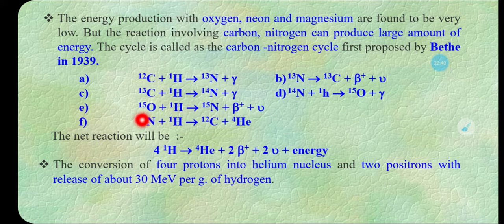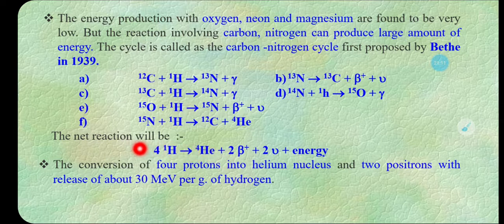In this cycle, this oxygen 15 decays to give nitrogen 15 plus positron plus neutrino. In the next step, this N15 nitrogen combines with hydrogen and gives C12 carbon plus helium. So in this cycle, helium, gamma particle and beta particle are emitted.